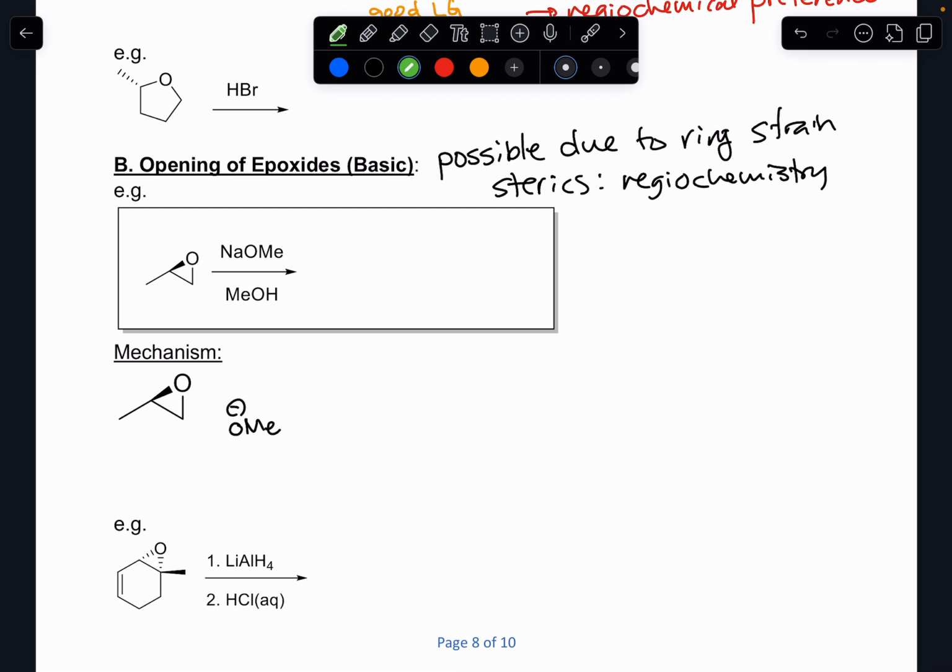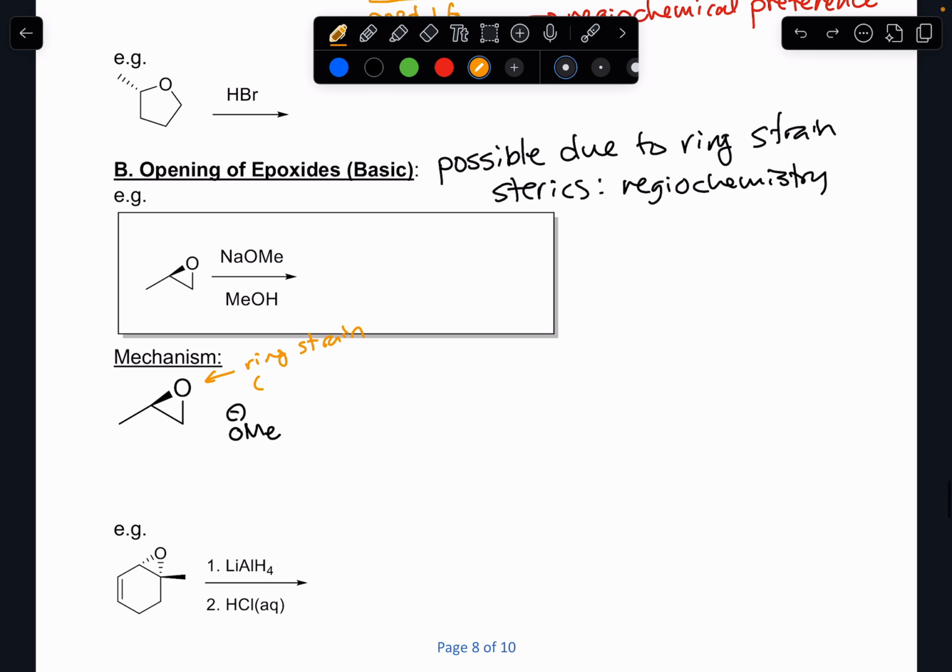Think about what kind of reagents and species you have. Here's a good, strong nucleophile. Here's an epoxide with angle strain, which means it wants to open. Now, which side?